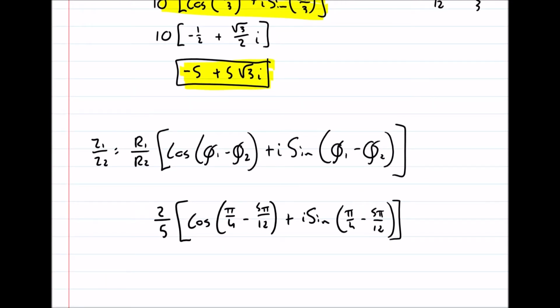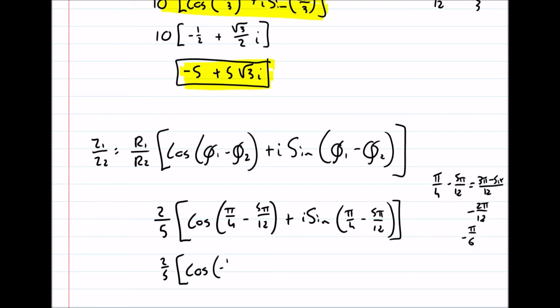I'll leave the 2 over 5 as 2 over 5, cos, and I'll just check this over here. Pi over 4 minus 5 pi over 12 equals, common denominator is 12, 3 pi minus 5 pi, minus 2 pi over 12, which is minus pi over 6.